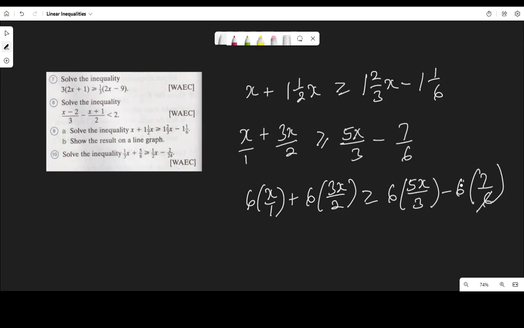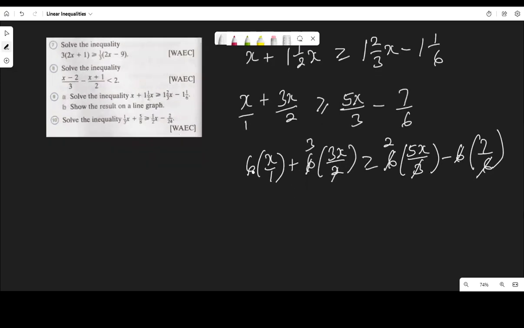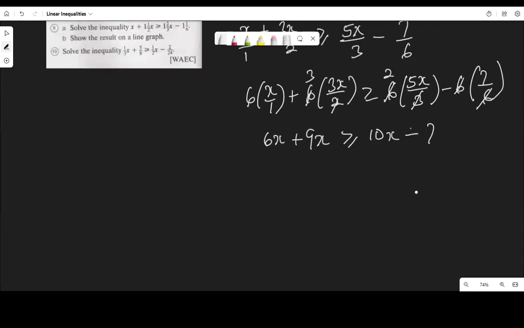So 6 will cancel 6. 3 here 1, 3 here 2, 2 here 1, 2 here 3. 6 times x is 6x. 3 times 3x is 9x. Is greater or equal to 2 times 5x is 10x minus 7. 6x plus 9x is 15x.